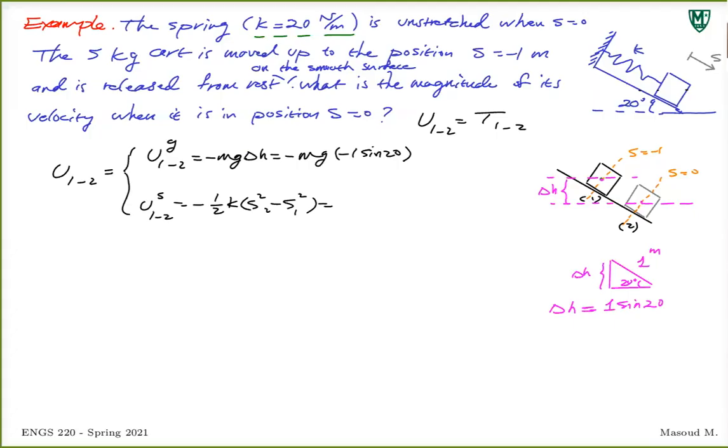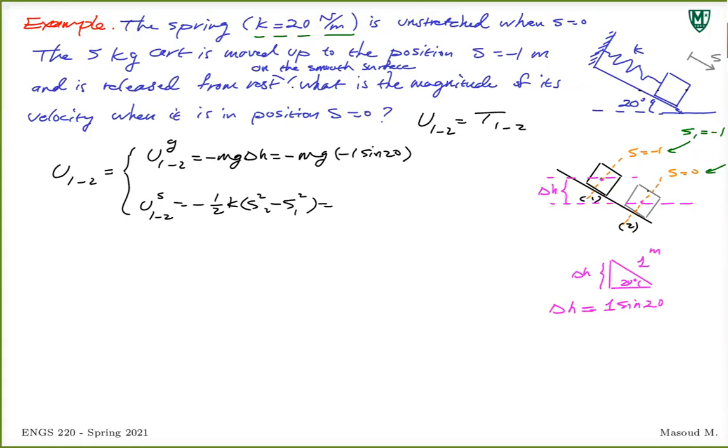At point 1, if this is S equal to 0 and this is S equal to minus 1, at point 1 you are at S equal to minus 1. So here's your S1, it is minus 1. And remember, we are talking about how much the spring is stretched or compressed.